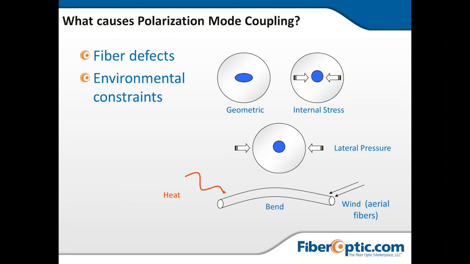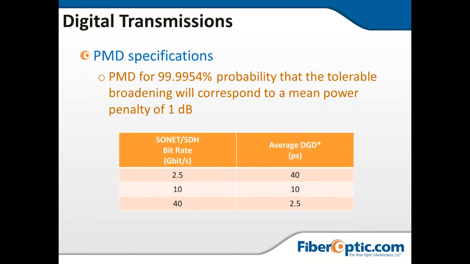Now, just like CD, we have some PMD limits. And I'm not going to get into distances, whereas CD we talked about as pretty linear. So many picoseconds times the kilometers, or time per nanometer times the kilometers, you get the idea. It's pretty linear.